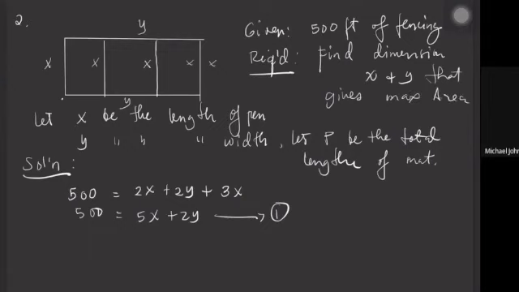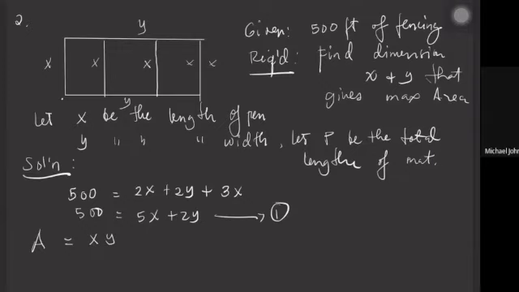Therefore, we have a quantity, area, and that is represented by the product of x and y, class. Diba? Area is length times width. So you have two variables here, x and y.